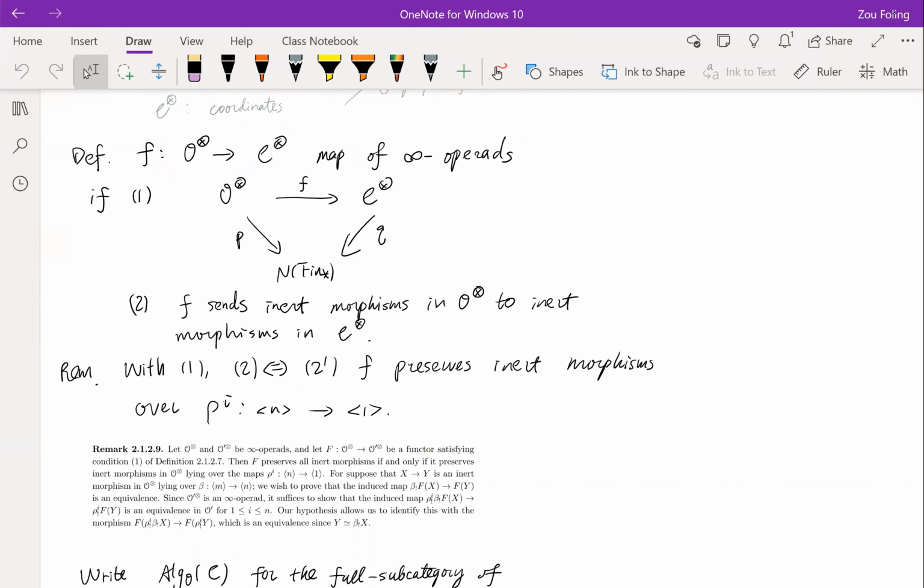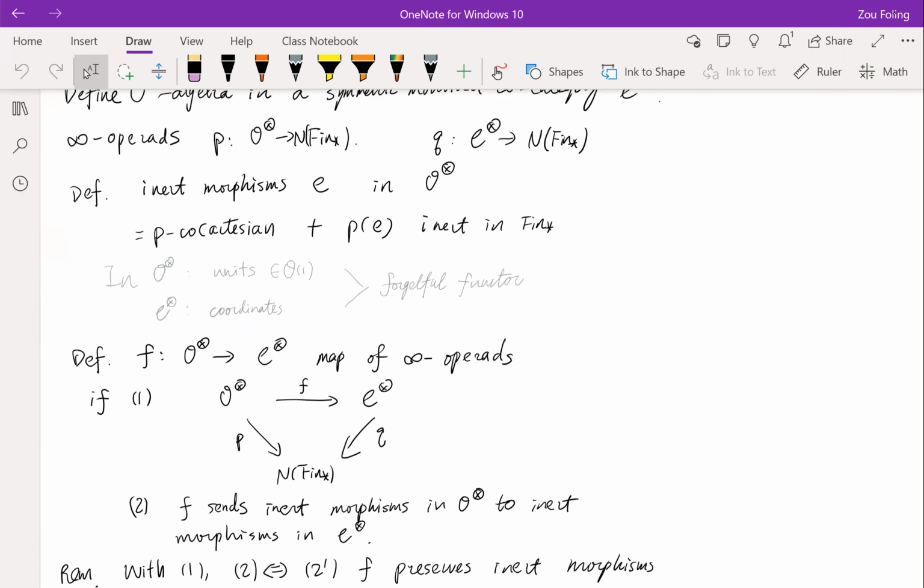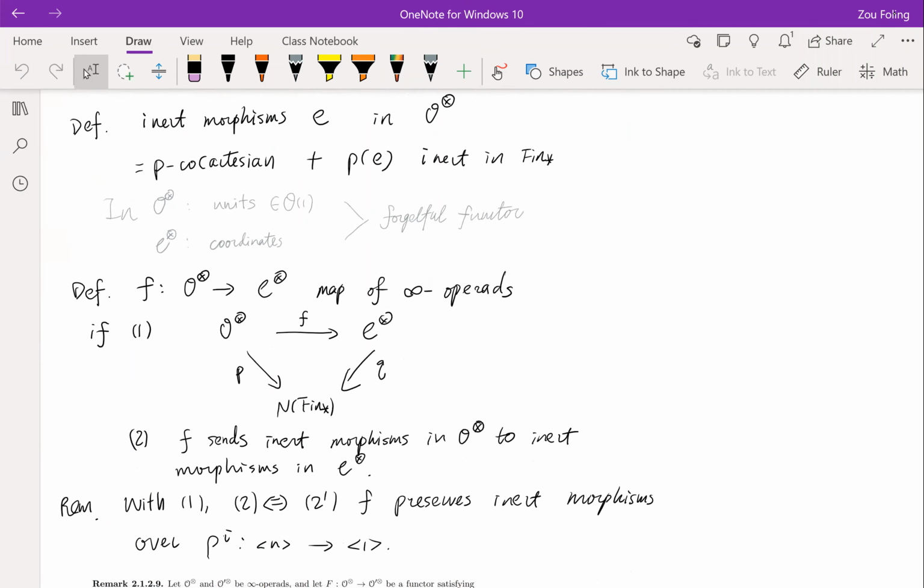And being inert, let's recall the definition, says that its image in Fin_* is inert and it's P-coCartesian. And where its image is doesn't change if your map is over the nerve of Fin_*. So number two basically says that F sends P-coCartesian morphisms to Q-coCartesian morphisms if they are over an inert morphism.